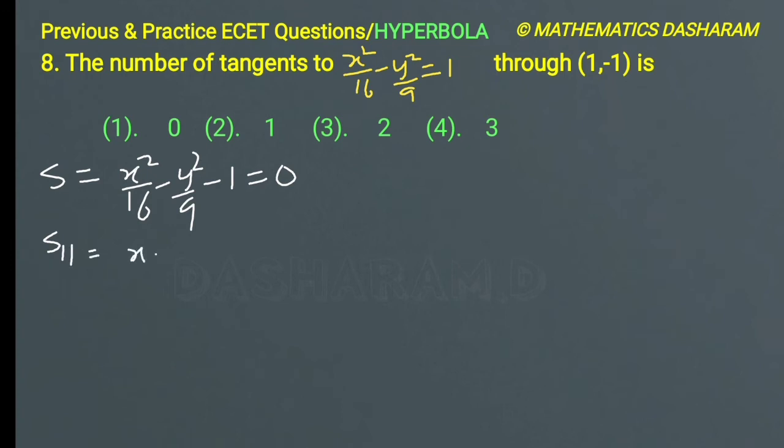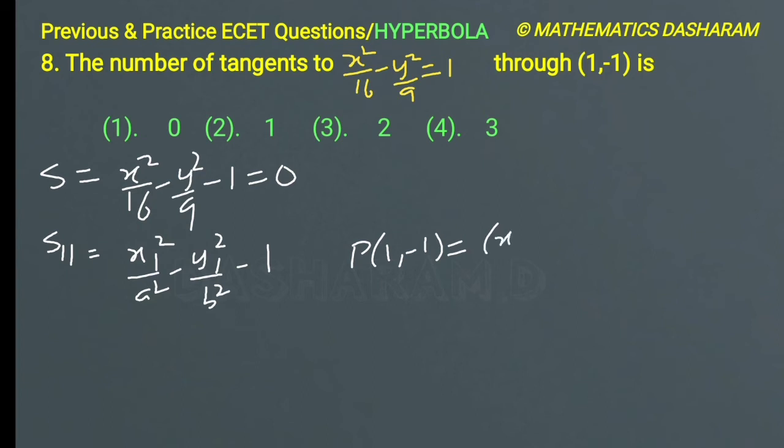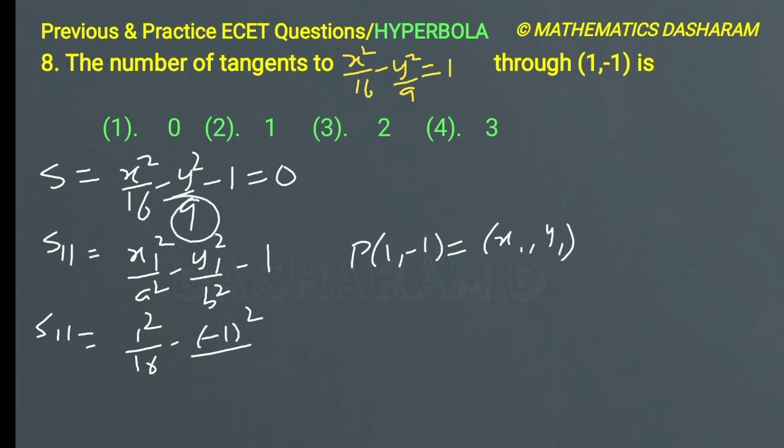S11 means x1 square divided by a square minus y1 square divided by b square minus 1. So here the point P given is (1, minus 1), which equals (x1, y1). So S11 equals 1 square divided by a square value 16 minus 1 whole square divided by b square value 9 minus 1.